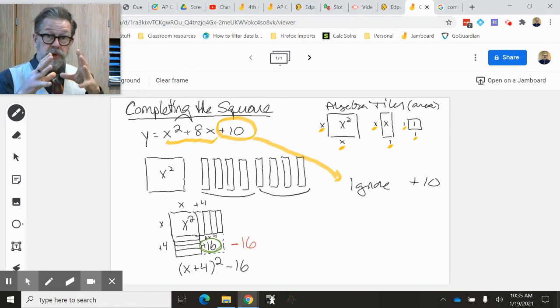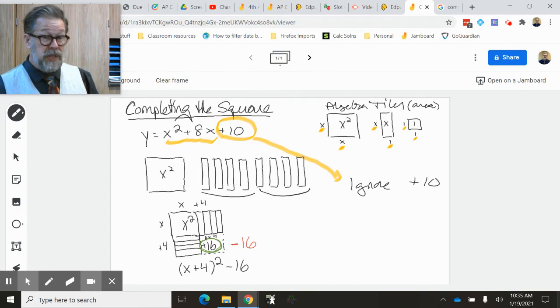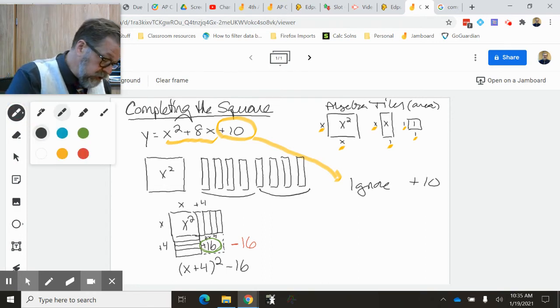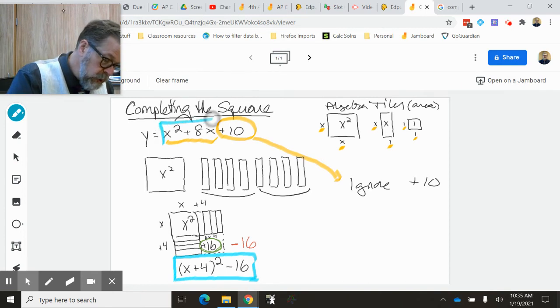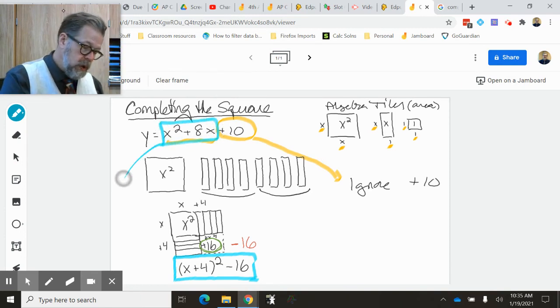The x plus 4 squared has 16 tiles in it, but I've got a minus 16 on the outside. So this x plus 4 squared minus 16 is equivalent to x squared plus 8x.